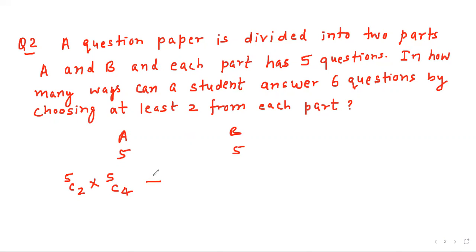Then next possibility, from A, 3 questions are chosen, 5C3. Then 3 questions are to be chosen from part B also, 5C3. Then choosing 4 questions from part A, 5C4, and 2 questions from part B, 5C2. So this will be possible answer.